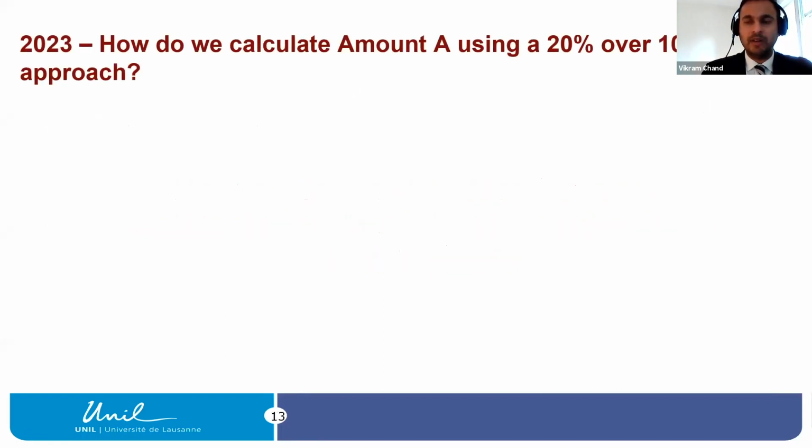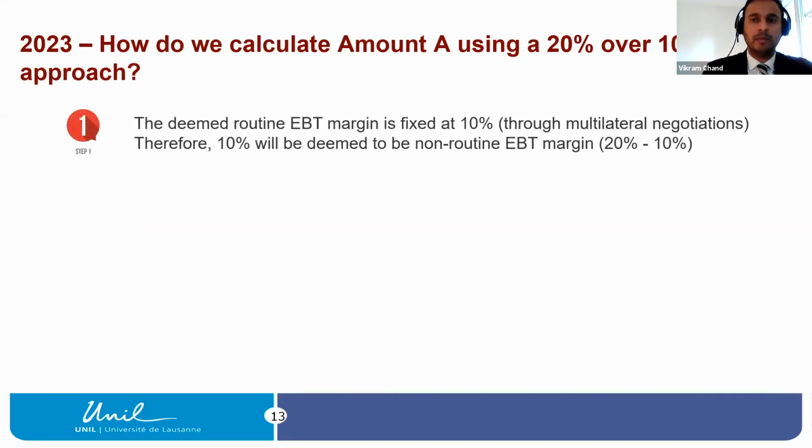So how do we calculate Amount A? So we have the figures of 200 million of standardized PBT and a 20% group margin. So in order to calculate Amount A, there are a couple of approaches. I've taken the simpler one. You remove from the standardized PBT margin a deemed routine margin, which let's assume is fixed at 10% as agreed by the inclusive framework.